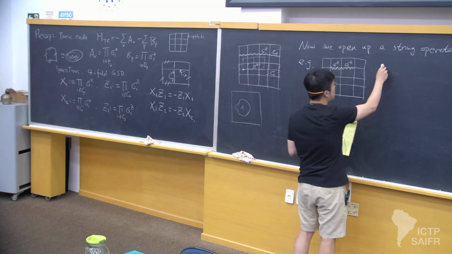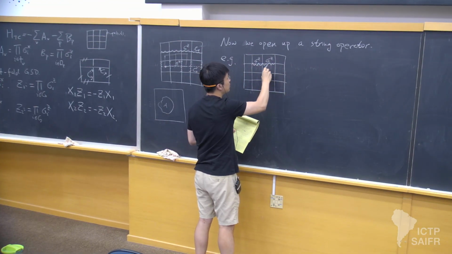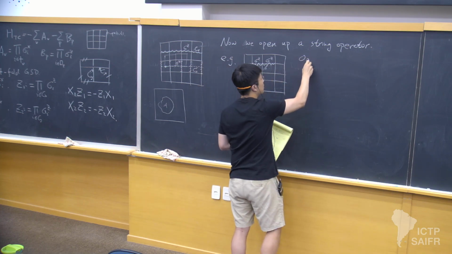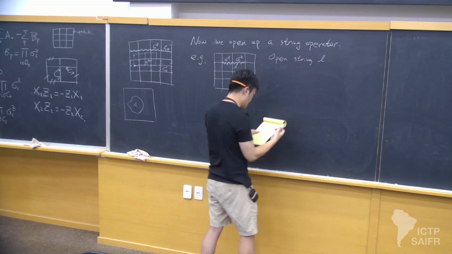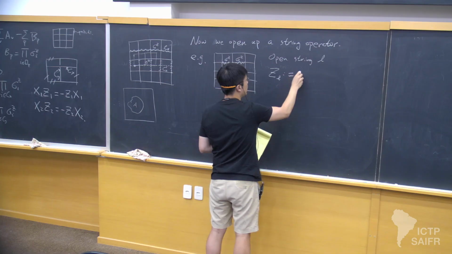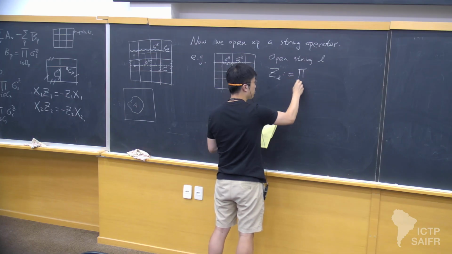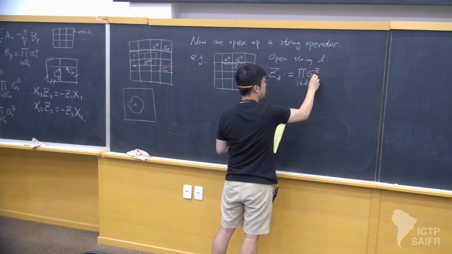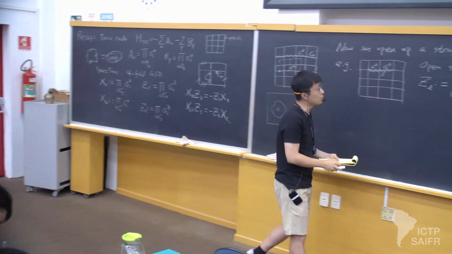So let me call this string L. So this is an open string L. And then let me define this Z_L as the product of all the sigma z's living on this L. Okay, so this is no longer a symmetry.